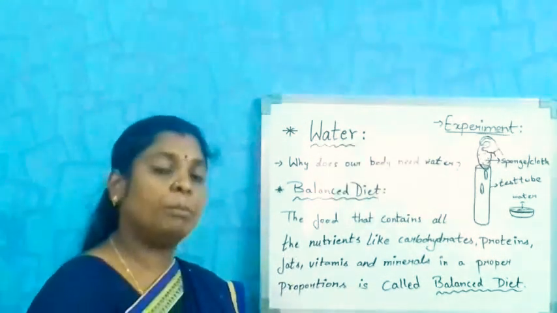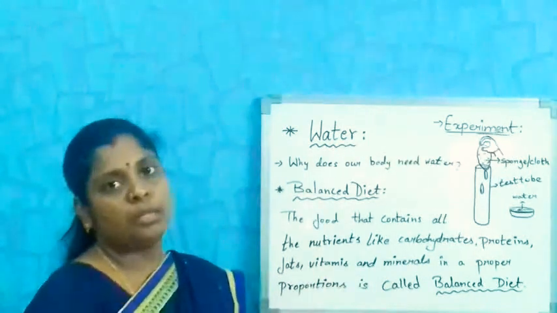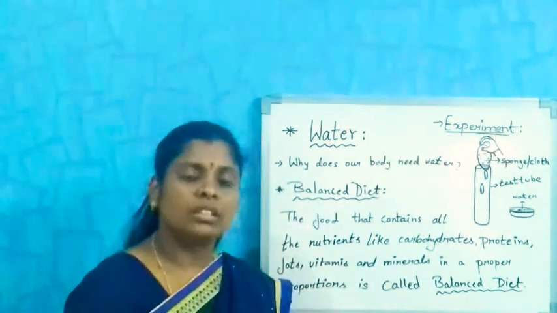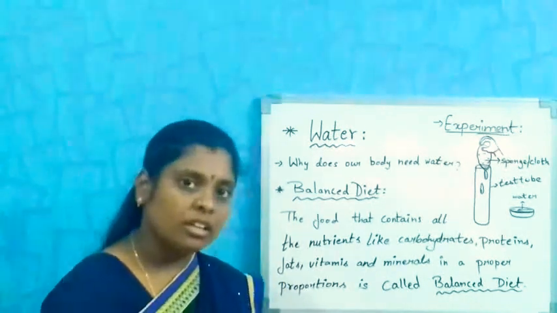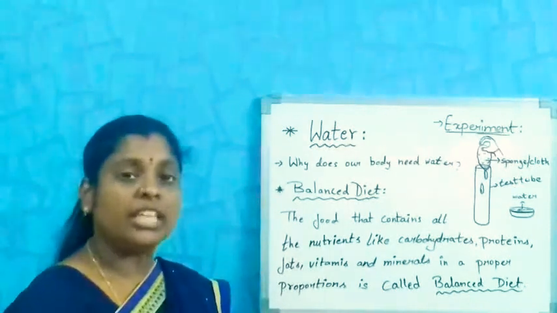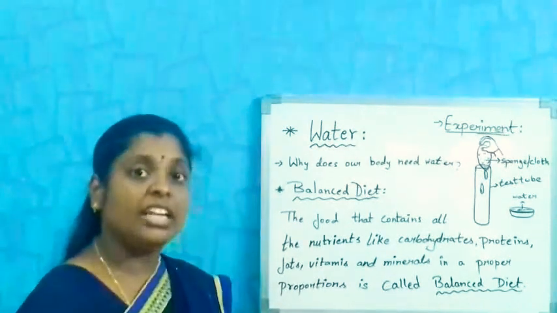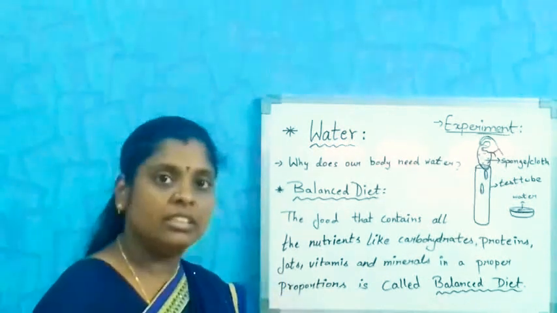Even poor people can take a balanced diet by including rice, roti, dal, oil in their diet and a little amount of jaggery which is rich in iron.